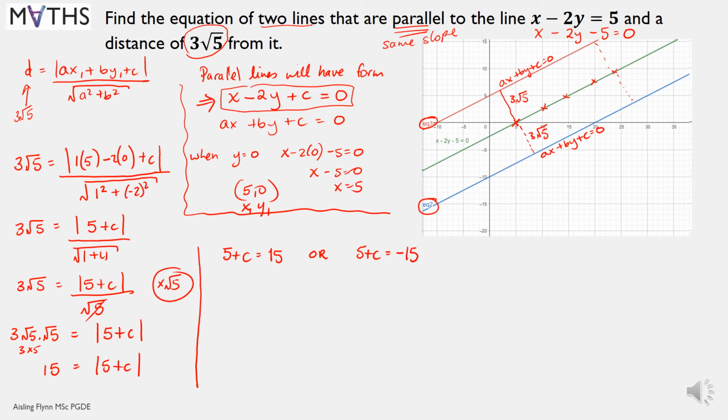Okay, so here we get c equals 15 minus 5, so c is 10. And here we get c equals minus 15 minus 5, so we get minus 20.